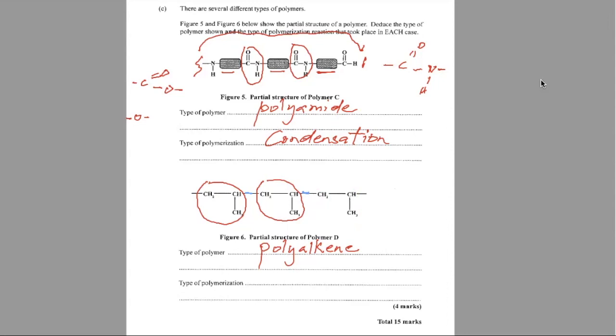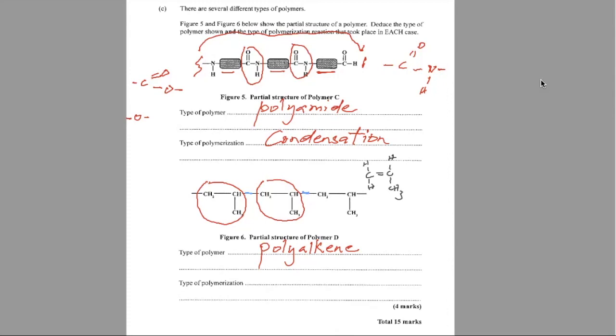So the monomer units would be CH2, carbon-carbon double bond, CH, and here we have a CH3. Because we're looking at the repeating pattern, the repeating units.